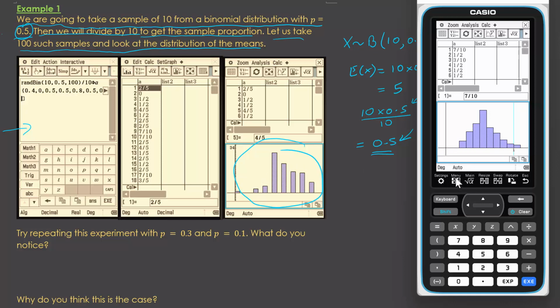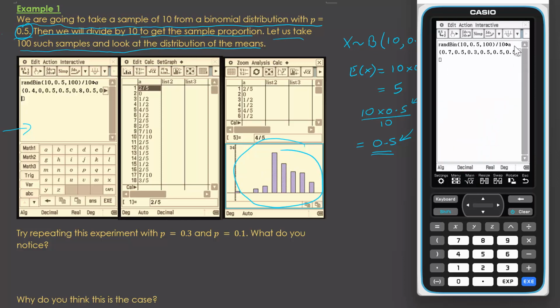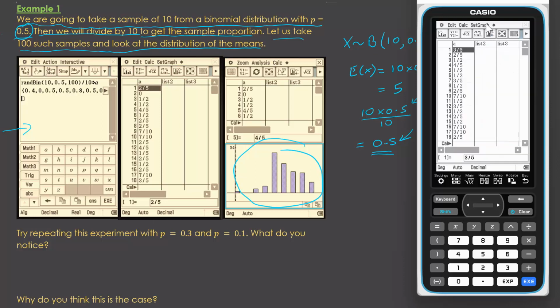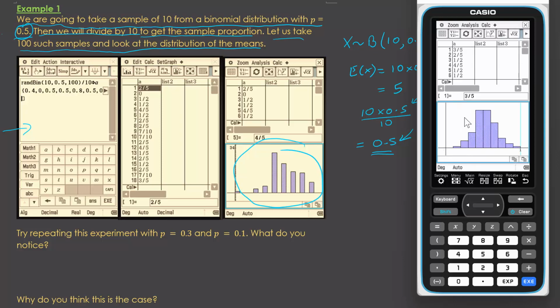Let's do it again and see if we get another picture like that, or if it's slightly worse, or should certainly be different. So let's do this one. And it's different, but you can see a vaguely normal shape.